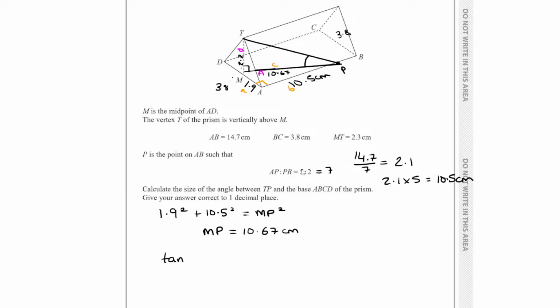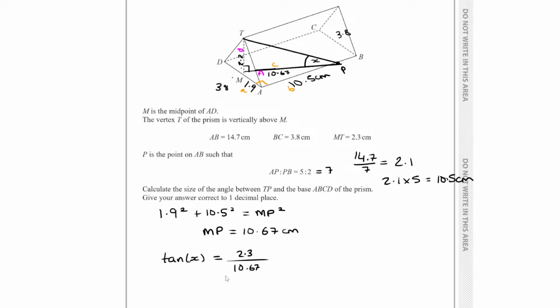Let me just call this x. You can always label it x if you want to. Tan x is opposite divided by adjacent. So 2.3, you can't really see I've written that very well, but 2.3 divided by my 10.67, which I'm going to copy my answer in the calculator, but I'll just write down a couple of decimals there.